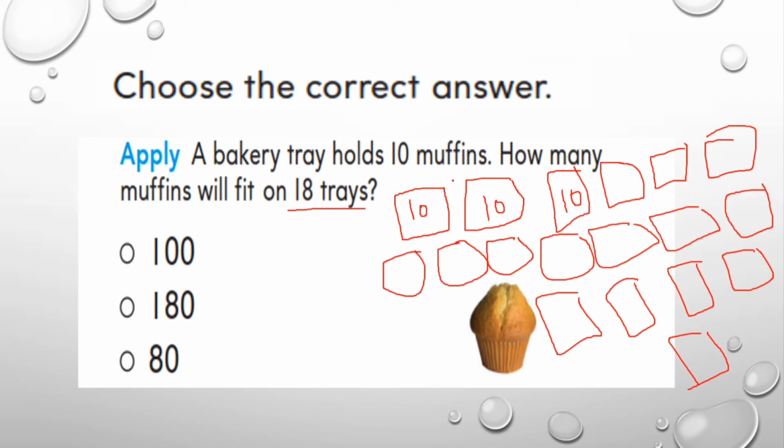It will be 10, 20, 30, 40, 50, 60, 70, 80, 90, 100, 110, 120, 130, 140, 150, 160, 170, 180. So the total will be 180. Okay? You got it? That's great.